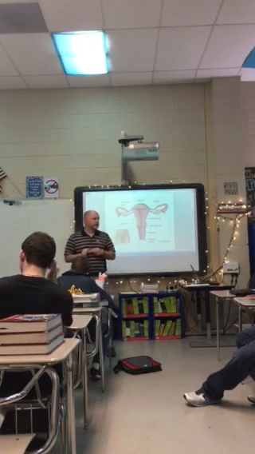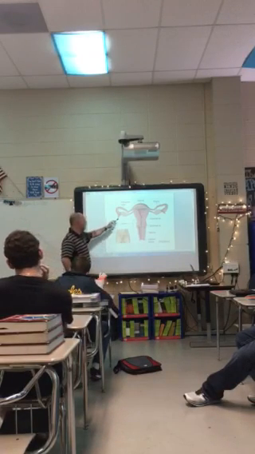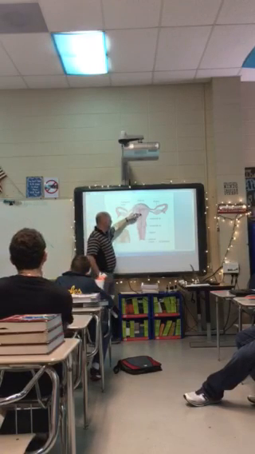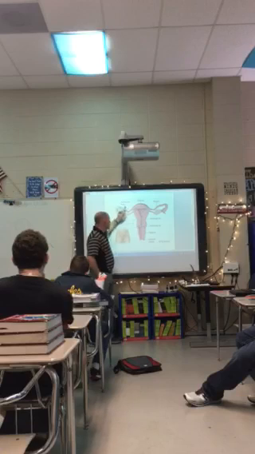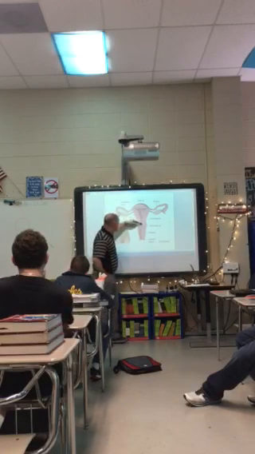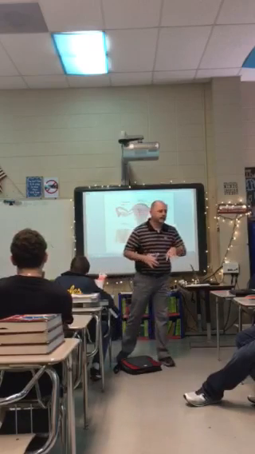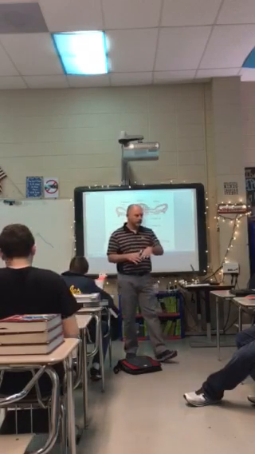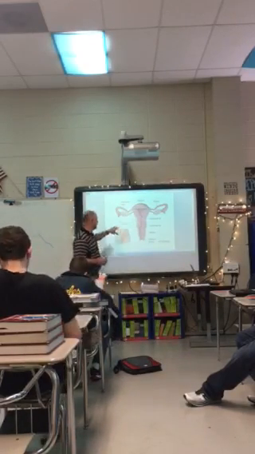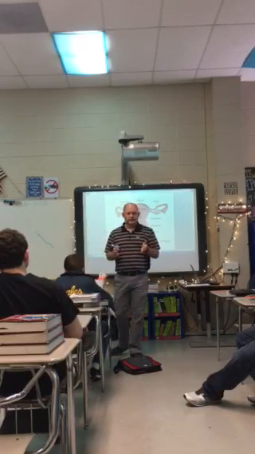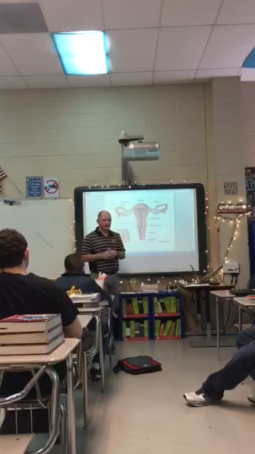Eggs are released through here, they go through the fallopian tubes, come through here, and with it the lining of the uterus is coming out, okay? Because once a month, that uterus is preparing itself for birth.